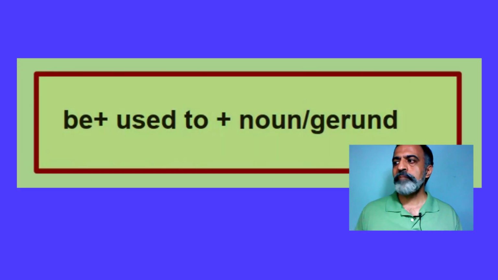And the basic structure is be used to plus noun or a gerund. Gerund means the ing form of the verb: going, writing, living, having. Of course, when we say noun, a pronoun is also possible, like it or them. Let's have a look at examples.